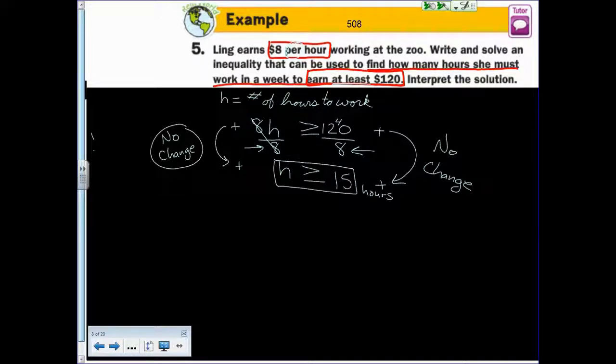So we can say that Ling must work at least 15 hours. Notice I used the same language as in the problem. It's at least 15 hours.